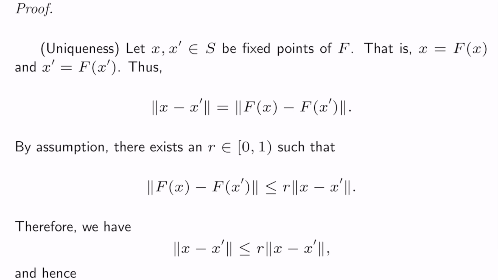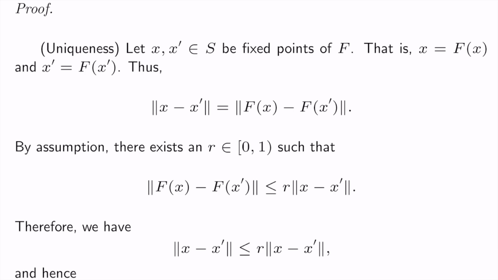Okay, so since we are assuming both x and x prime are fixed points, we have x equal to f of x and x prime equal to f of x prime. So if we take the difference between these two, on the one hand, we have x minus x prime, its norm is equal to the norm of f of x minus f of x prime.